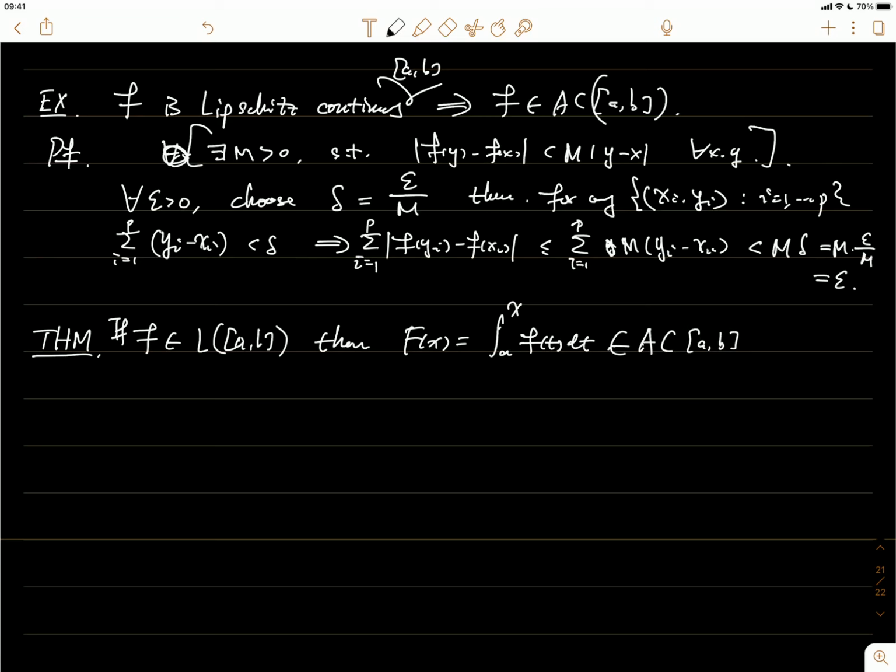That means if f is integrable and we take the indefinite integral, we get this function, and this function must be absolutely continuous.